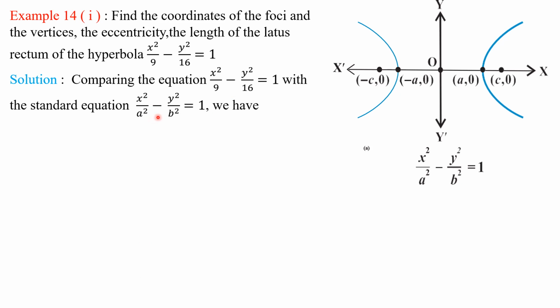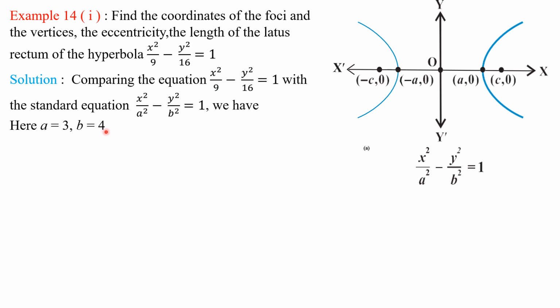Then we have a is equal to 3 and b is equal to 4. As I mentioned, this is the a square value and this is the b square value. So a square is equal to 9. Then what is the value of a? 3. Understood this point, my children? Here the b square value is 16.